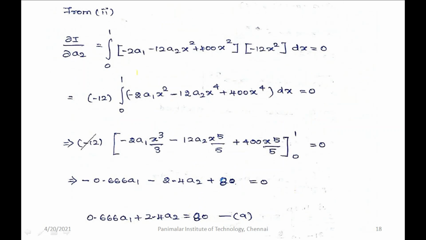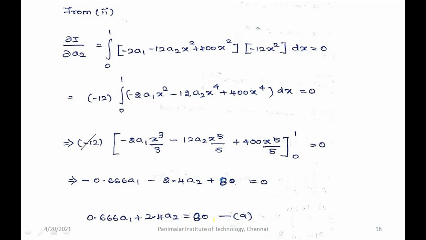Similarly, dou I by dou a2: the integral 0 to 1 of the r of x expression multiplied by dou r by dou a2, this is minus 12 x square, dx. Now take this minus 12 constant outside the integration, and multiply the x square inside the bracket. So now minus 12 times the integral 0 to 1 of (minus 2a1 x square minus 12a2 x power 4 plus 400 x to the power 4) dx is equal to 0.